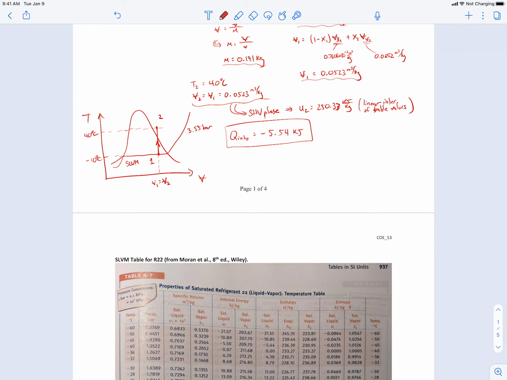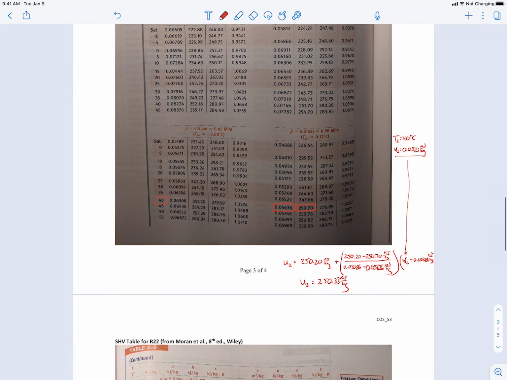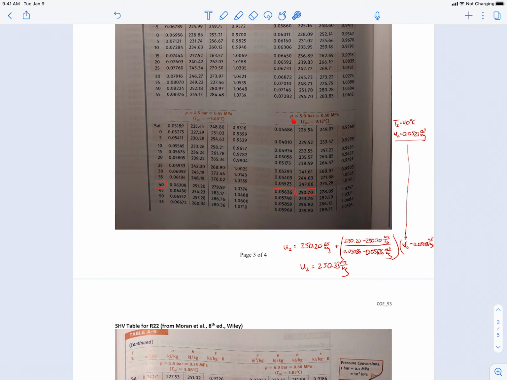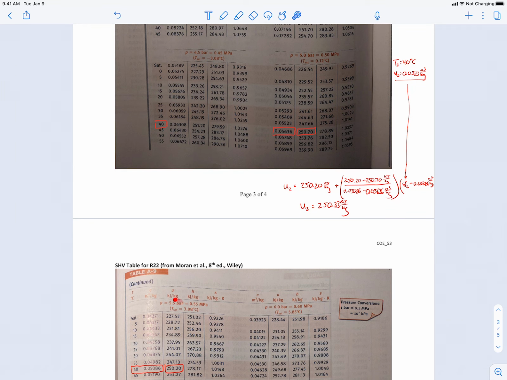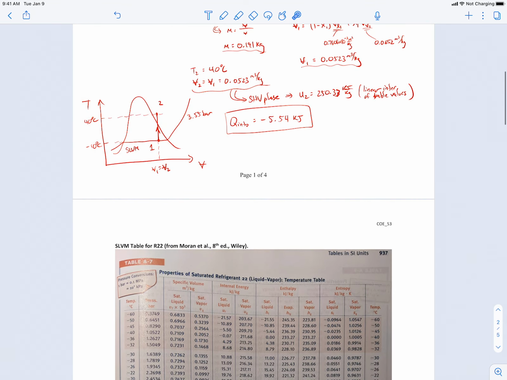If we wanted to find the pressure corresponding to that, we'd have to do the interpolation, which I'm not going to do. But the pressure for that point is somewhere between 5 bar and 5.5 bar. So if I was to draw the isobar for that one, it would look something like this, where this pressure is somewhere between 5 and 5.5 bar. I'd have to do the linear interpolation to figure it out, but it's somewhere in there.